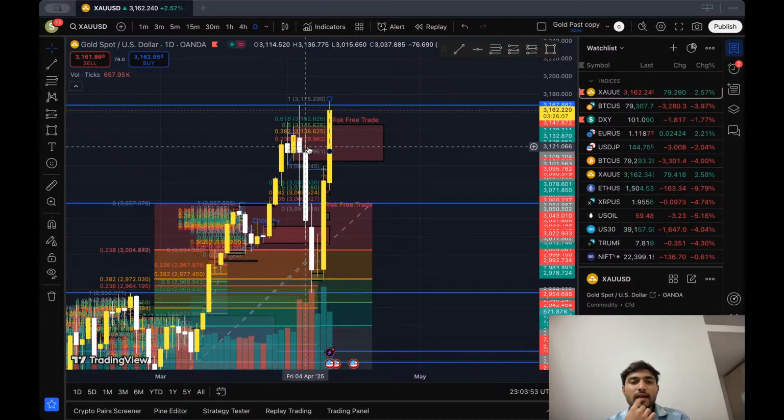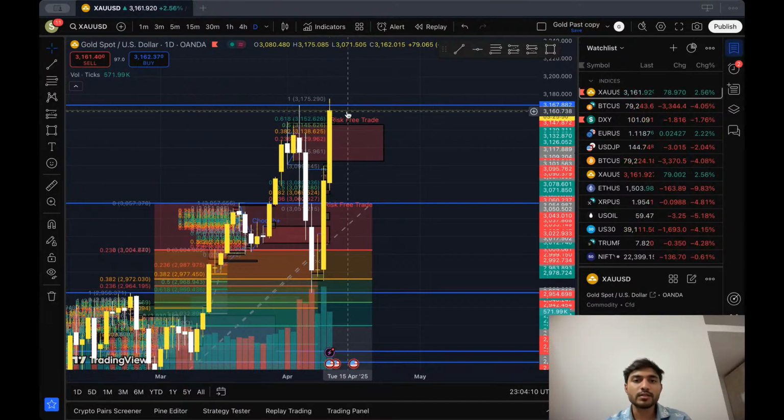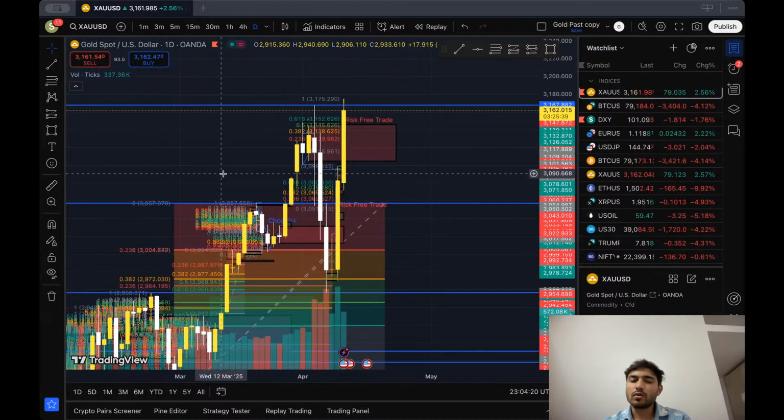If it tries to satisfy that order block, then today's candle should fall into this region, right? So there is a possibility that it could go down.